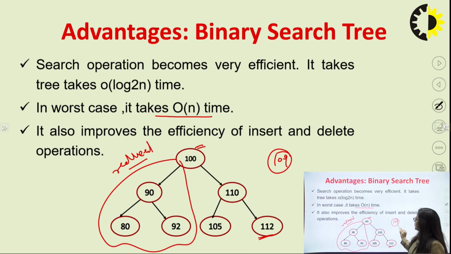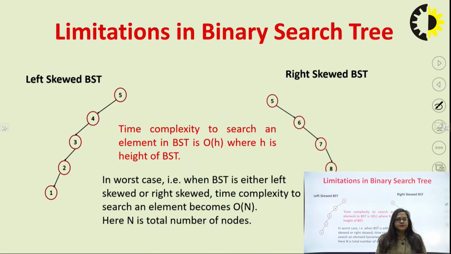Now check it is 109, again check here whether it is less than or greater than. Less than 109 is this, then move here, again check this, so it is 109. Got it? So the first condition: for the number you want to insert, you check whether it is less than or greater than, then half of the tree is totally reduced and you come to the other part of the tree.